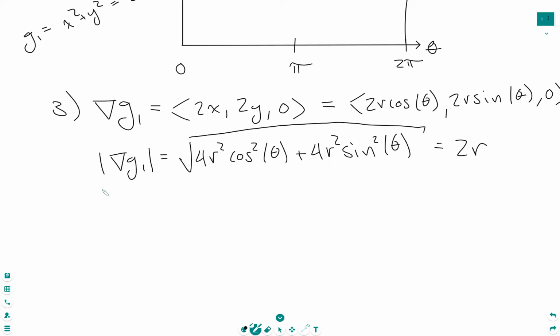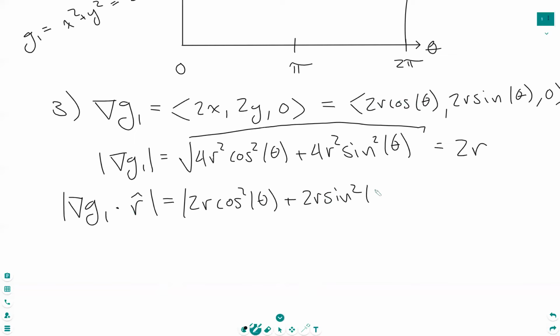Now, the dot product of this gradient with r hat. Remember, r hat was cosine theta, sine theta, 0. So we end up with the absolute value of 2r cosine squared theta plus 2r sine squared theta, which is just 2r.